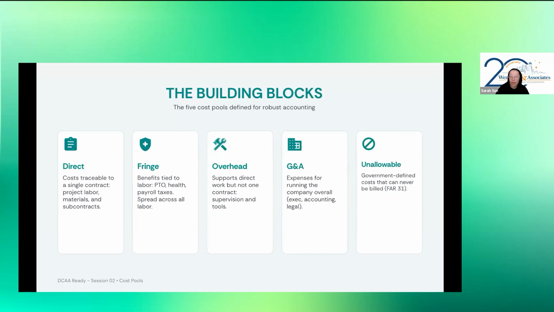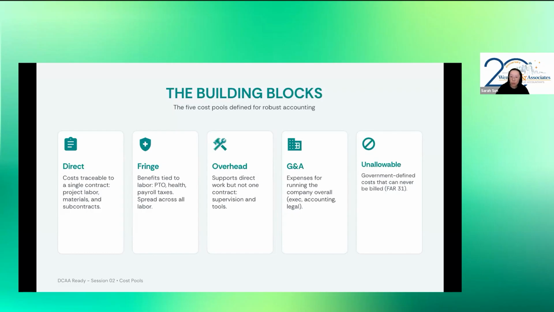Next, we have overhead pools. So basically, overhead supports the contractor's performance, but it cannot be traced to one specific contract. The examples can include project supervision or office supplies used by technical staff. Some contractors will also have a separate pool that you may be familiar with, which is called the facilities expense pool.